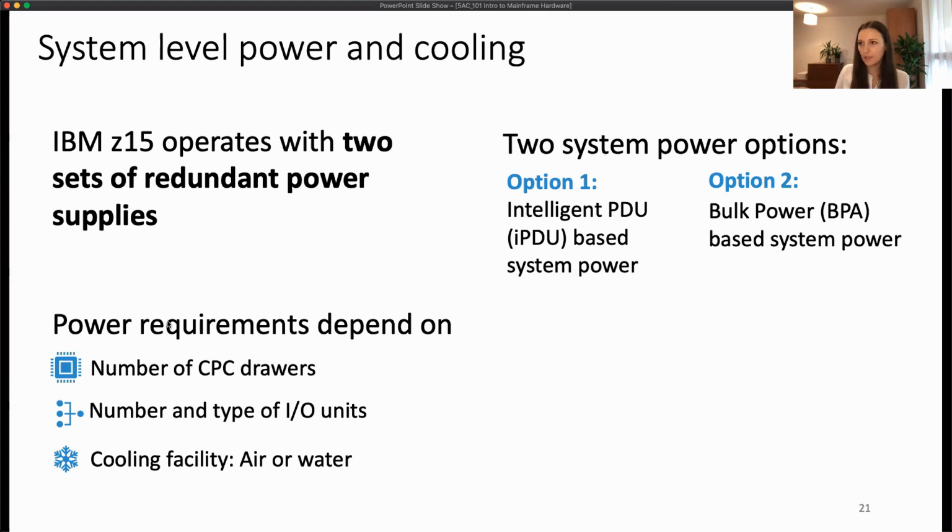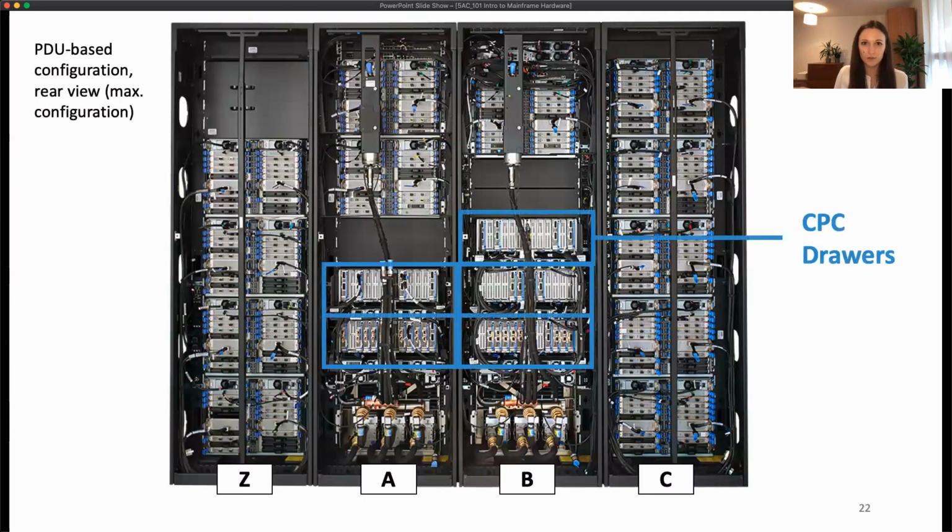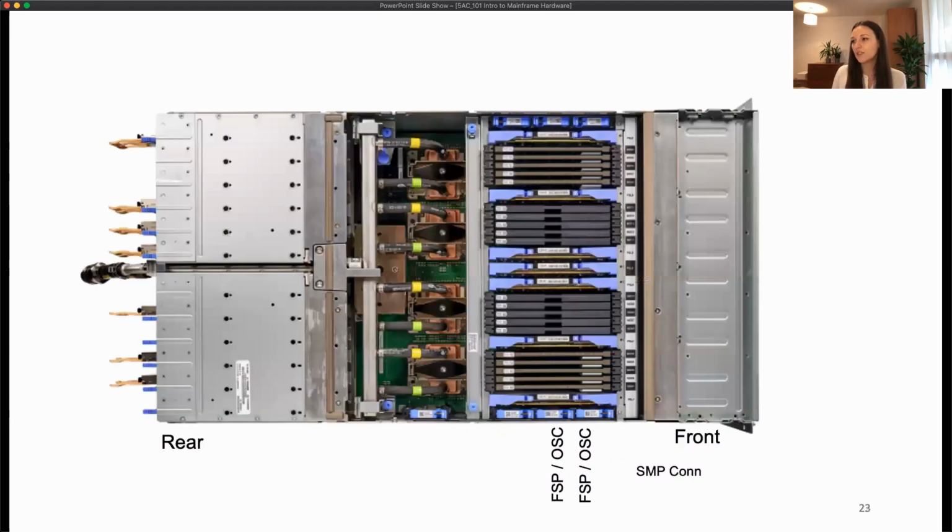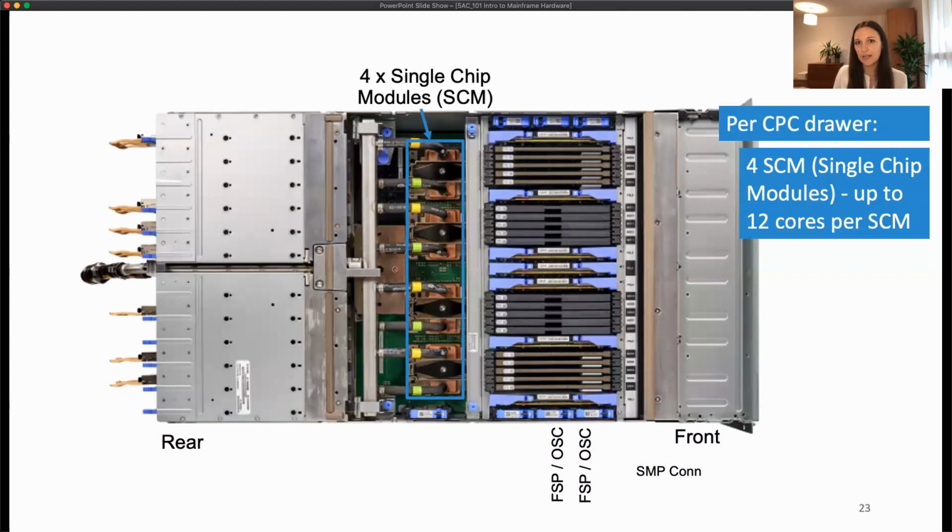Next, let's have a look into the CPC drawer. As mentioned before, we can have up to 5 CPC drawers in the maximum configuration. In each CPC drawer, we can have 4 single chip modules, abbreviated to SCM. On those single chip modules, we have the cores. There can be up to 12 cores on each of those SCMs, and those cores are really the brain of the mainframe.